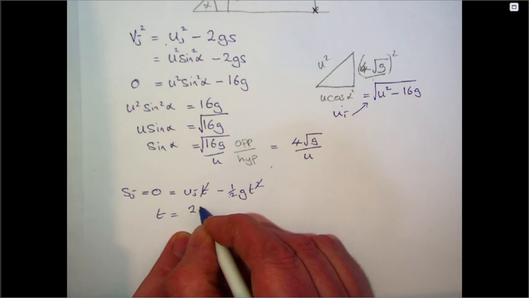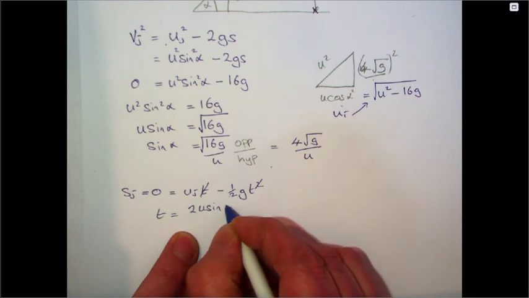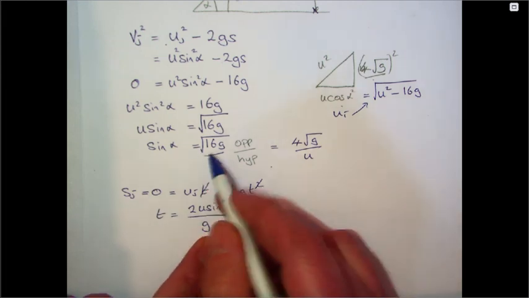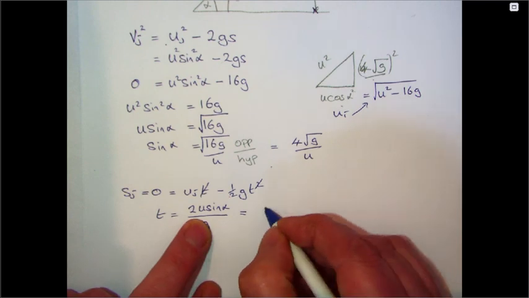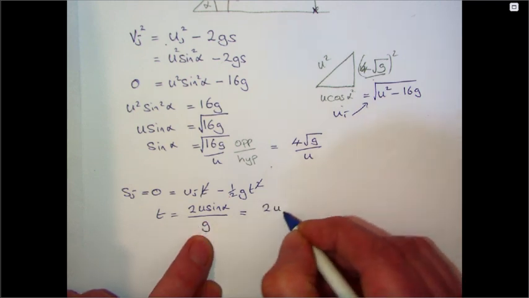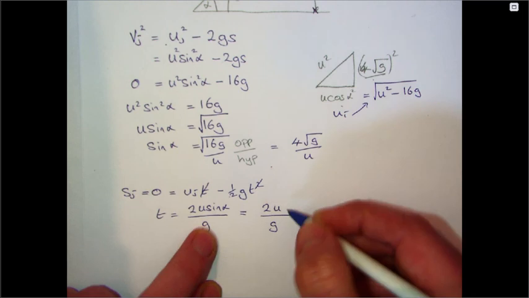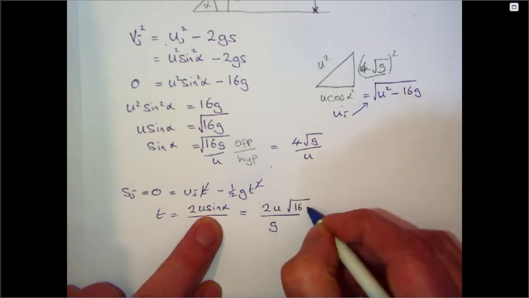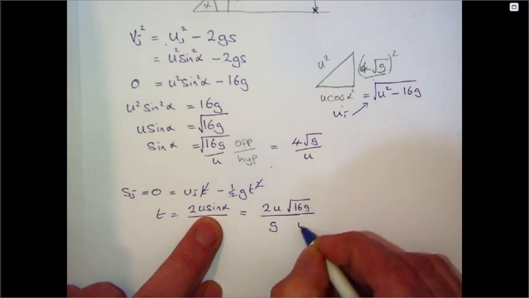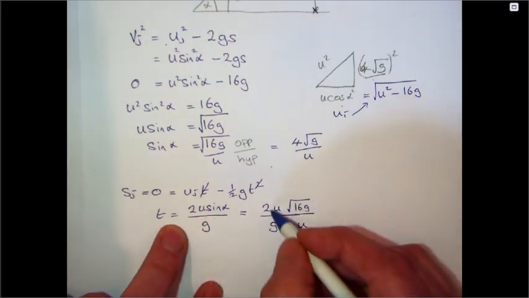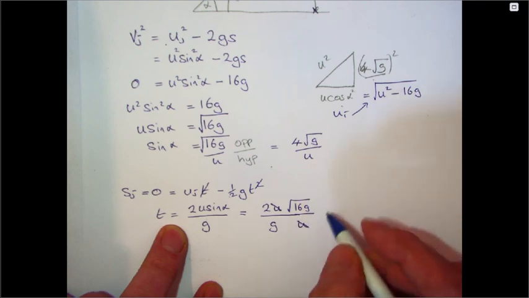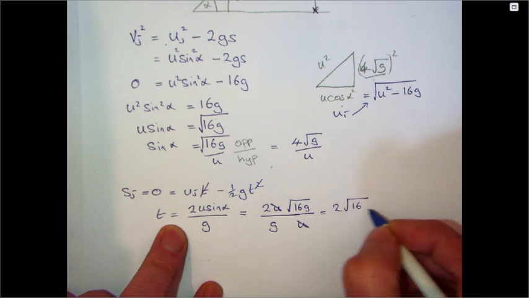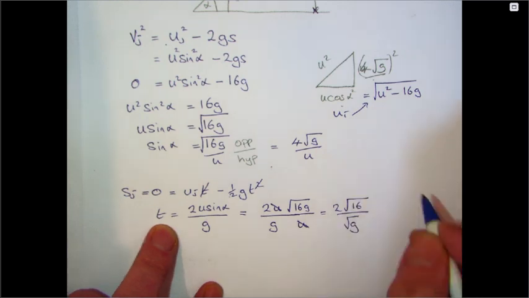Now what is u j? u sine alpha. What did we just say sine alpha was? It's root 16g over u. So t is 2 u over g times root 16g over u. Let's simplify this a little, so it becomes 2 root 16 over root g. And that's the time.